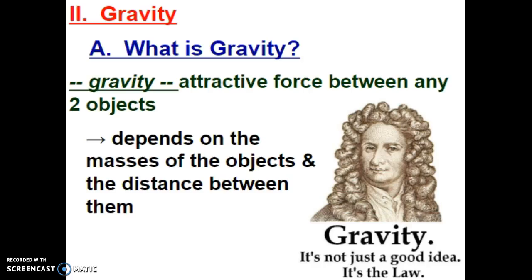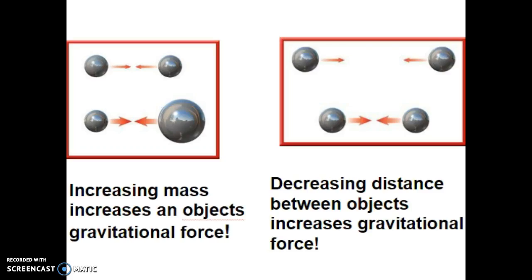So let's talk about gravity. Gravity is what we call the attractive force between any two objects. The reason why we discuss the difference between mass and weight is because gravity has to do with the mass of an object and the distance between them. If you increase the mass of an object, you increase its gravitational force.